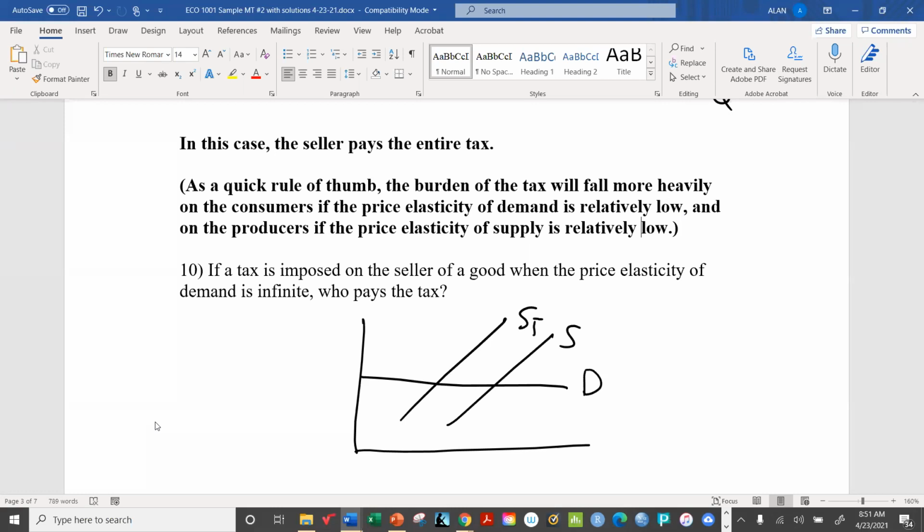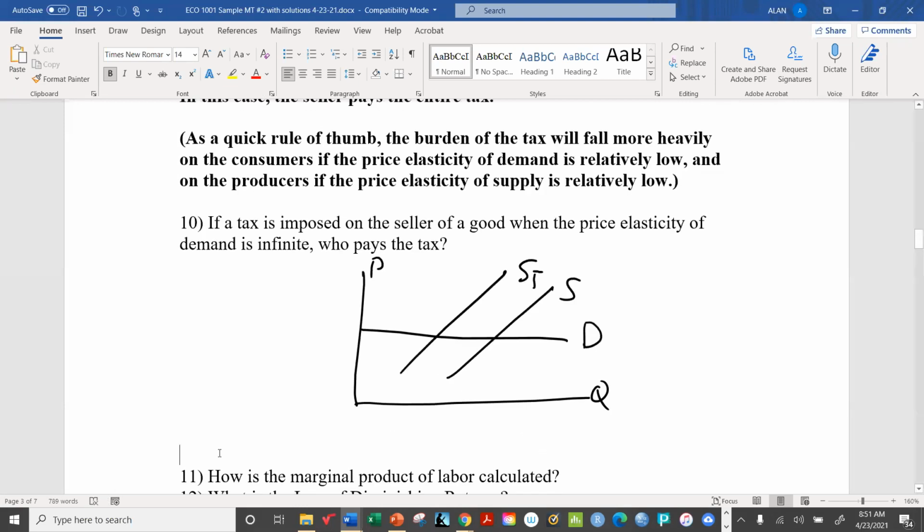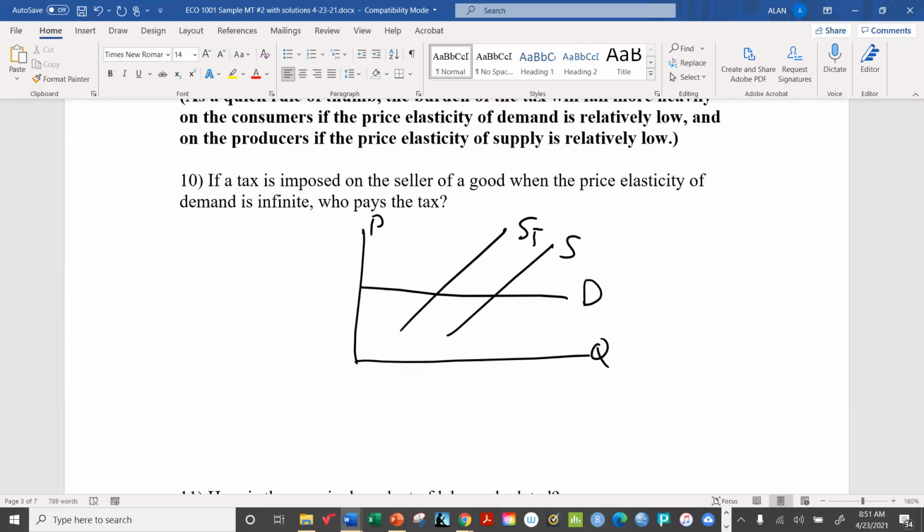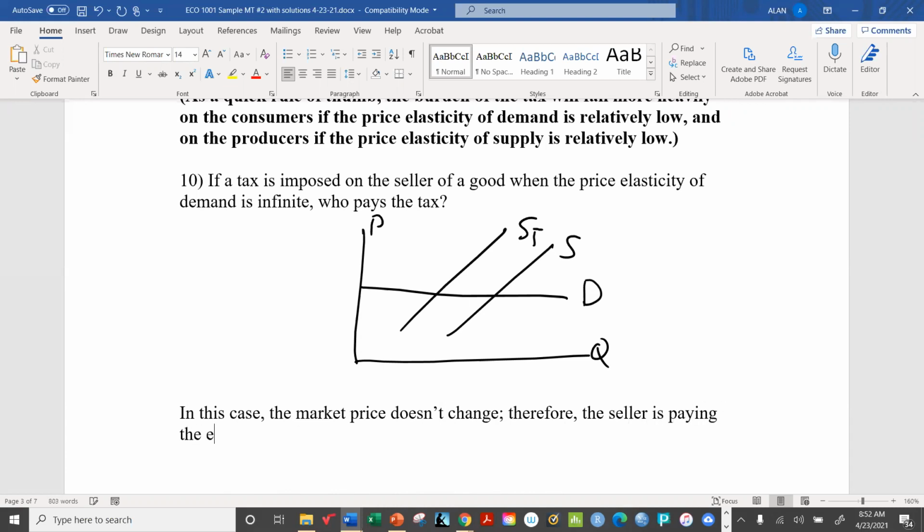So look what happens. The market price hasn't changed, which implies, in this case, market price doesn't change. Therefore, the seller is paying the entire tax. And you notice the logic here.